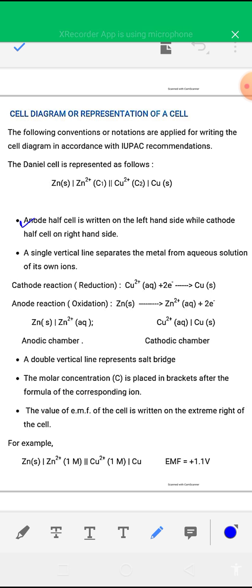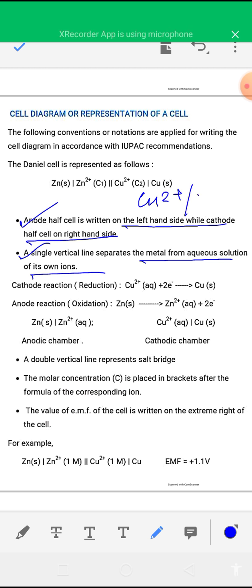So according to IUPAC convention, the anode half cell is written on the left hand side, while the cathode half cell is on the right hand side. A single vertical line separates the metal from the aqueous solution of its ion. For example, copper from copper 2 plus ion, so you have to write Cu2 plus slash Cu, or zinc from Zn2 plus ion, you have to write Zn slash Zn2 plus.